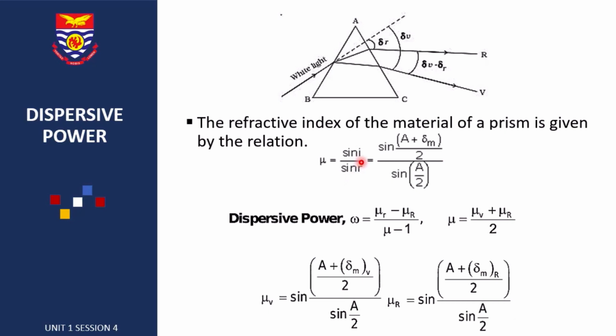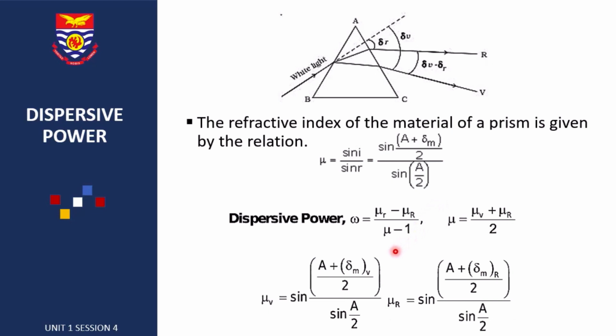But this time around, we have our i to be equal to A, that is the angle of the prism, plus the minimum deviation, divided by 2. And our r here, this time around, is the angle of the prism divided by 2. I hope you remember this.